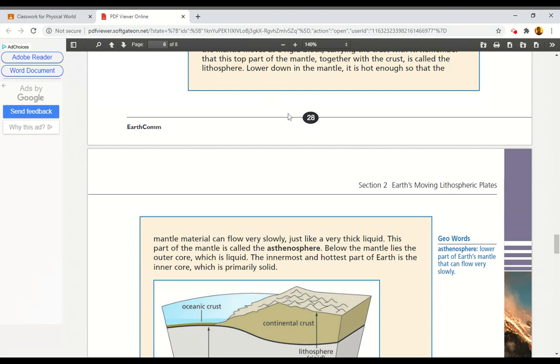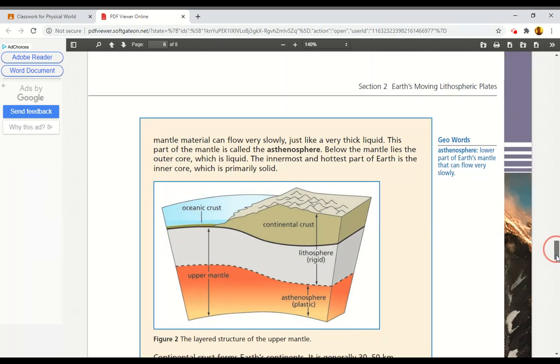Lower down in the mantle, it is hot enough so that the mantle material can flow very slowly, just like a very thick liquid. This part of the mantle is called the asthenosphere. Below the mantle lies the outer core, which is liquid. The innermost and hottest part of Earth is the inner core, which is primarily solid.